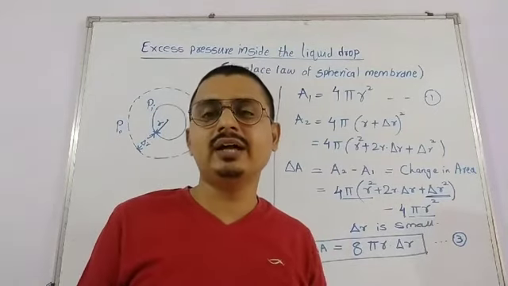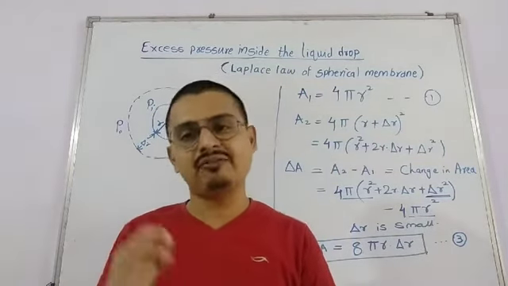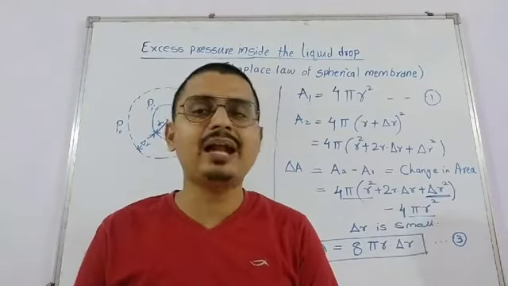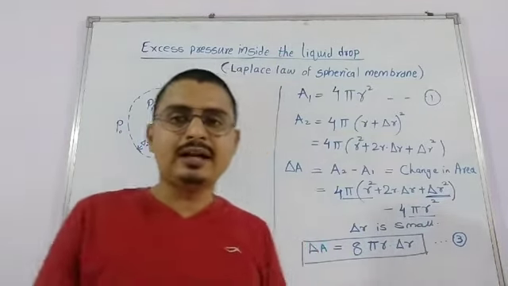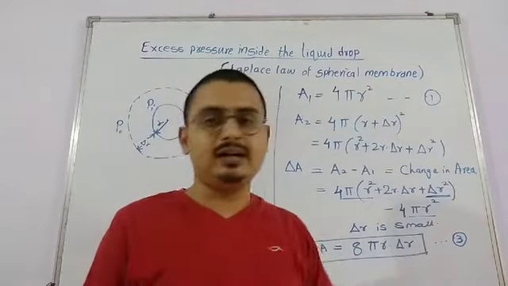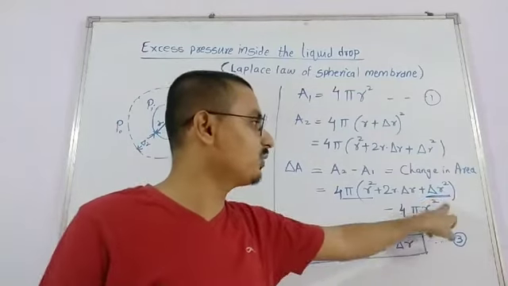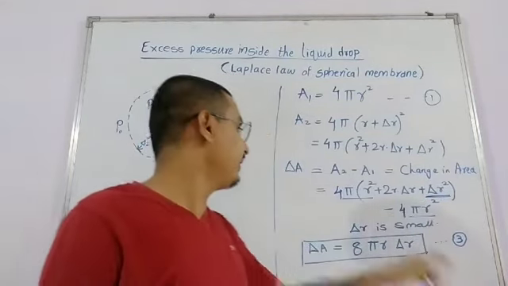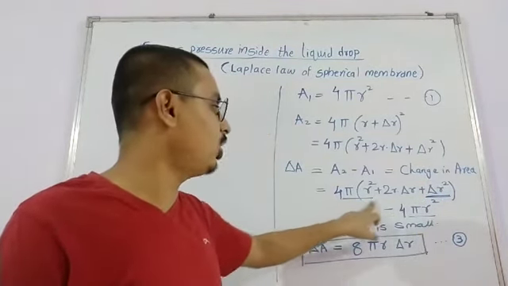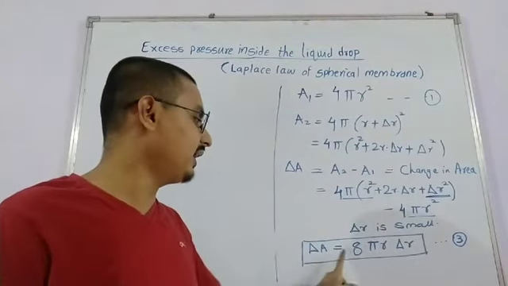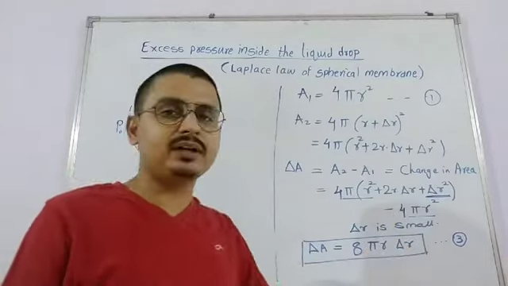The increase, because the excess of pressure will be very small, the surface area increase will also be very small. And here the small incremental dr can be negligible, that's why delta r square is neglected, and the remaining 4 pi r square is a common term which can be ignored. So we get delta A equal to 8 pi r dr.